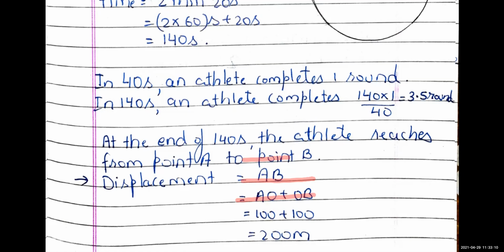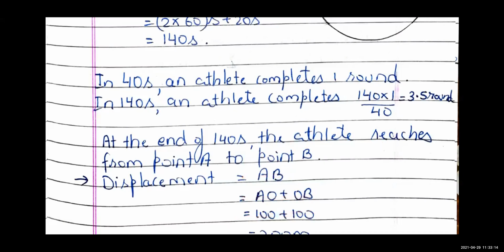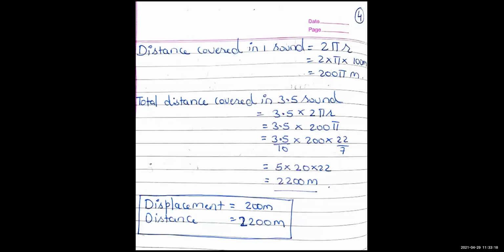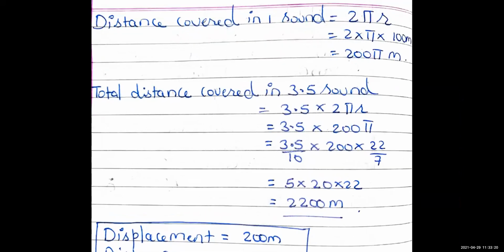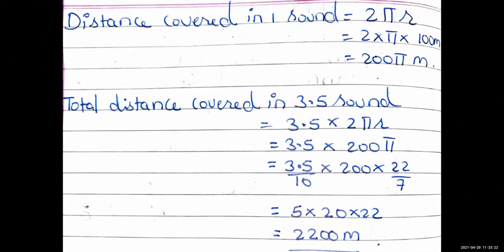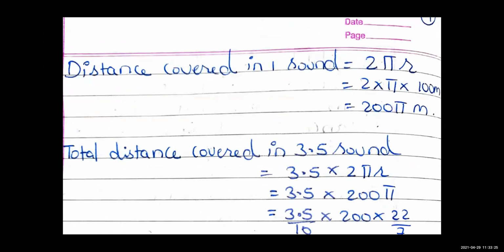How much distance is he covering? So children, when the athlete is running one round, how much distance will he cover? He is running on a circular track, so the distance covered is the circumference. So one round, what is the distance covered? 2 pi r.